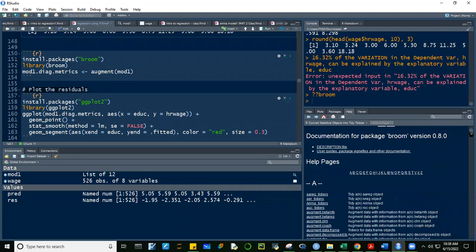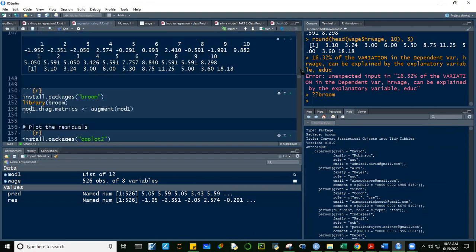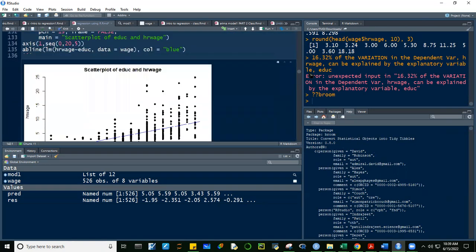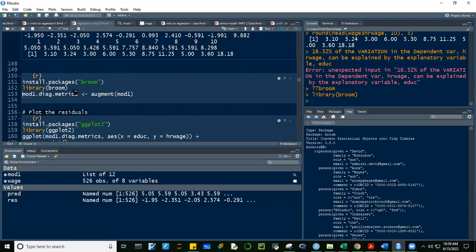Broom. So ano yung description niya? Okay, package Broom converts statistical objects into tidy tables. So marami siyang ano, guys, no? Marami siyang functionality. You can research on that more. So ito, nasama ko ba yung Broom sa taas? Hindi. So if you don't have Broom, the Broom package, install nyo muna, guys. Since I have it already, I'll just record that.